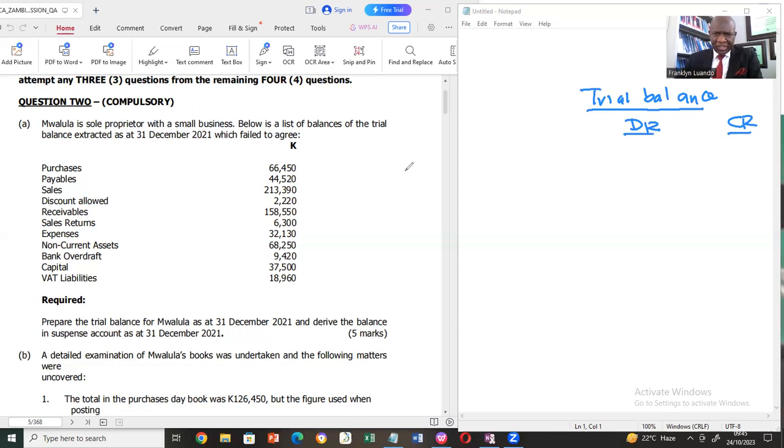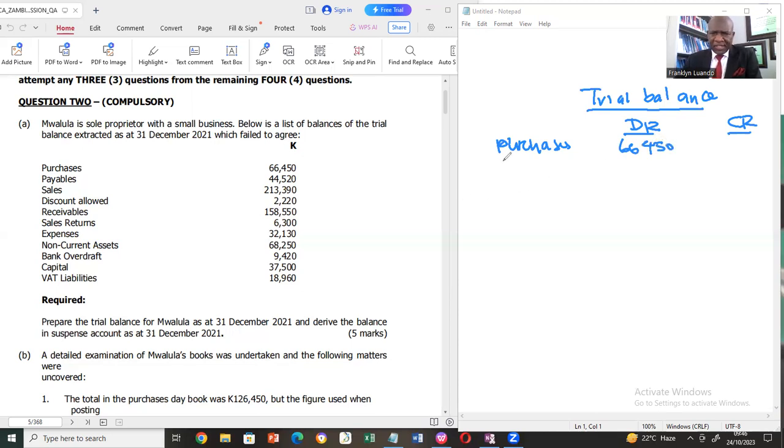So if you check purchases, that is a cost, it should be debit, 66,450.